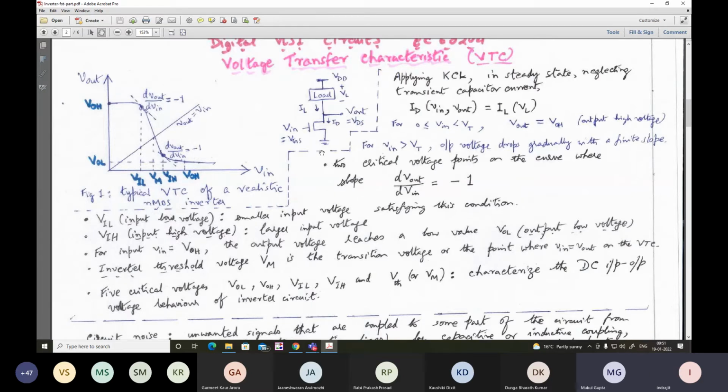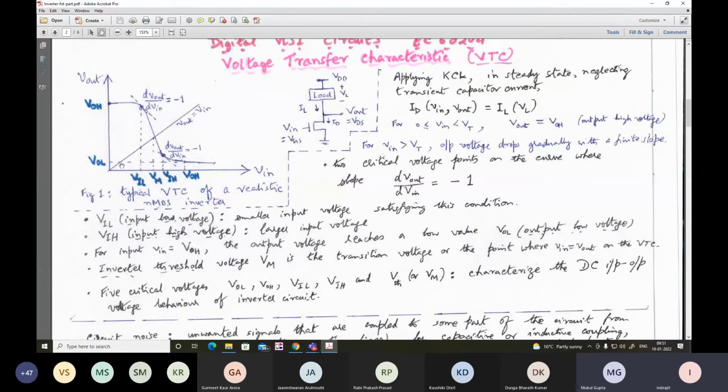So if it is desired that a particular circuit design will work mostly towards the higher side of the voltages, then it may be necessary to keep the switching threshold voltage somewhat higher than the middle value. That means not always VM will be equal to VDD by 2.